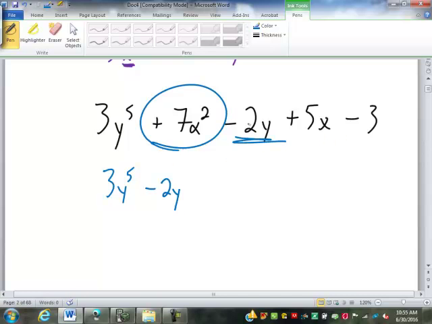So the question becomes, what do you do with the 7x squared? A lot of times we'll start counting back up with a different variable. For this course, we're not really going to worry about doing anything with more than one variable as far as descending order. If I ask you to put something in descending order, it'll pretty much always be just a single variable. Something like this is kind of confusing.